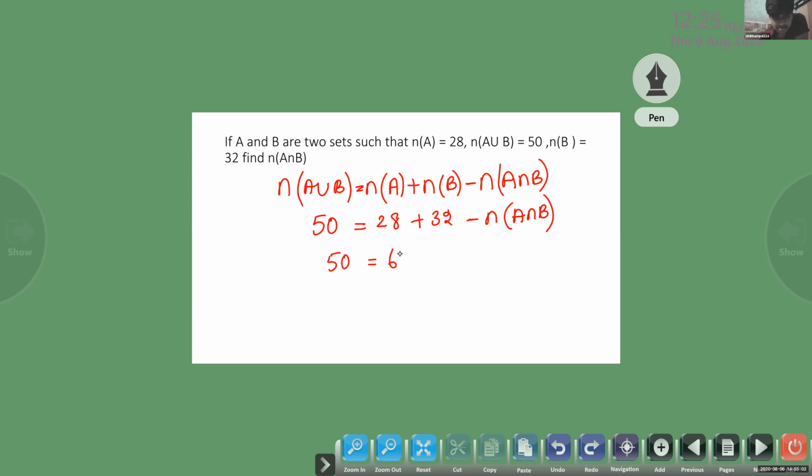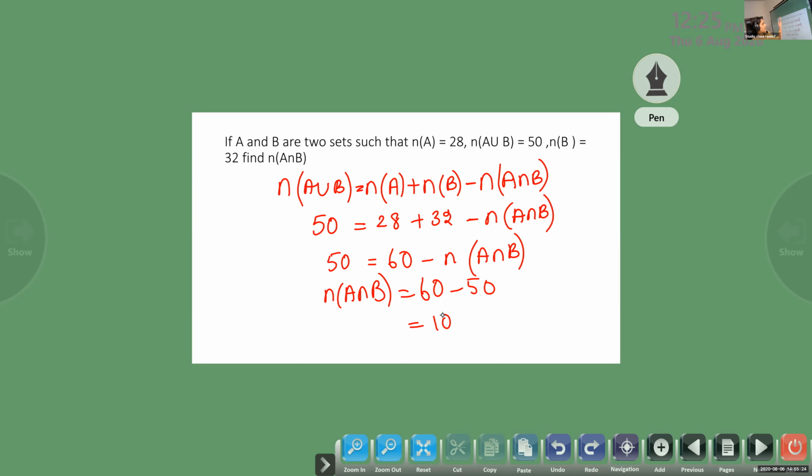So 50 is equal to 60 minus n of A intersection B. You take negative n of A intersection B to the other side, so it will become positive. Same as 60 minus 50. What is the answer, Emmanuel? 10.